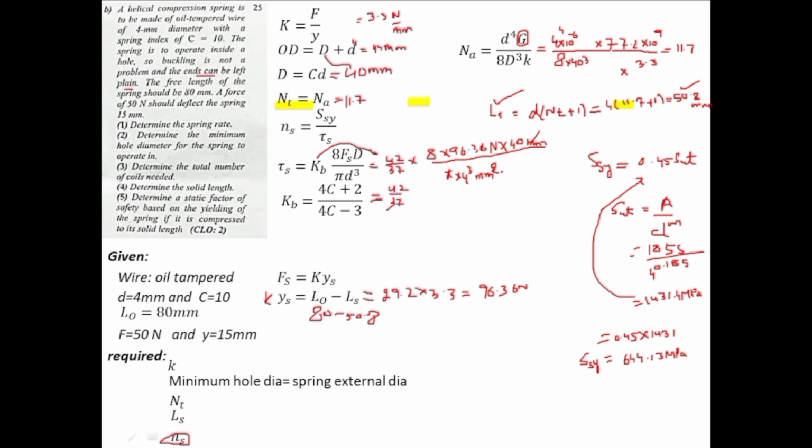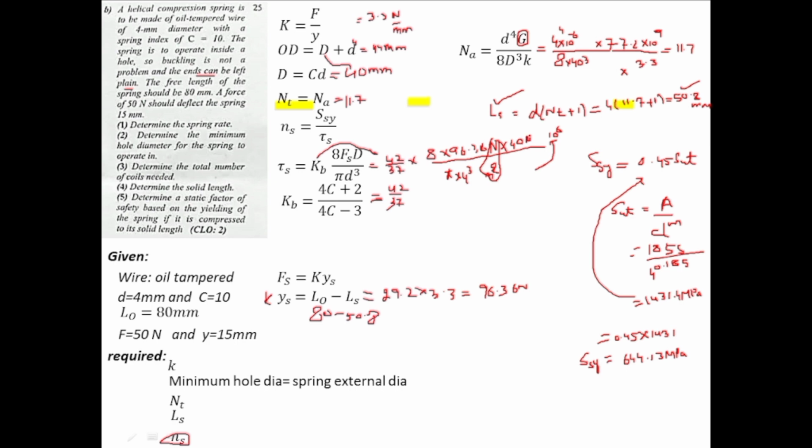And as millimeter square is equal to 10 raised to the power minus 6 meter square, instead of this we can write 10 raised to the power minus 6 meter square. When it goes to the denominator it will become 10 raised to the power 6. And now this Newton divided by meter square can be written as Pascal, and this 10 raised to the power 6 can be written as mega.